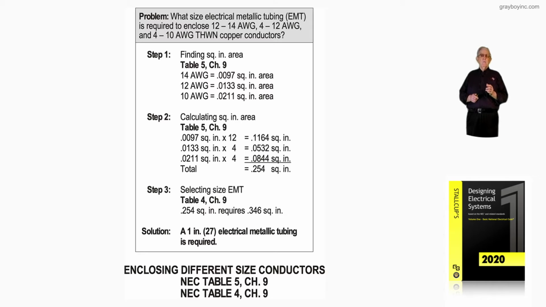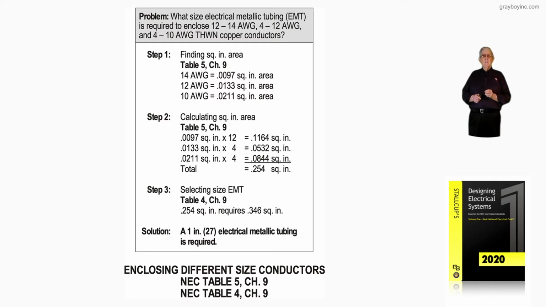The first step, in Step 1, is to go to Table 5, Chapter 9, and obtain the cross-sectional area of each conductor based upon THWN copper conductors.